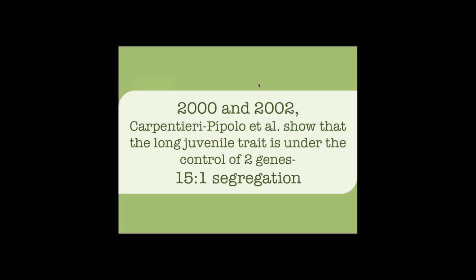In terms of genetic control of the long juvenile trait, in 2000 and 2002, this Brazilian group showed that the long juvenile trait is under the control of 2 genes. And they did this in Bragg, which I believe is maturity group 7, and they exhibited a 15:1 segregation of the long juvenile trait.